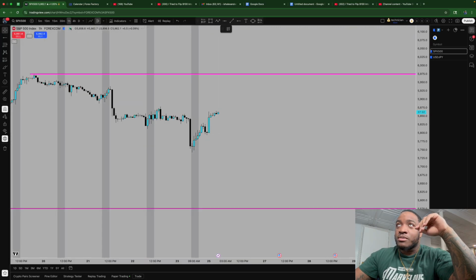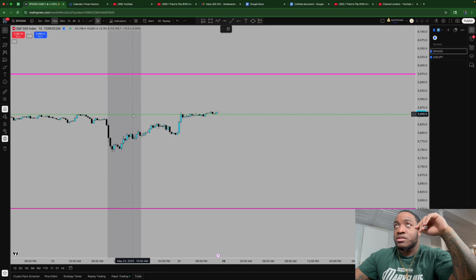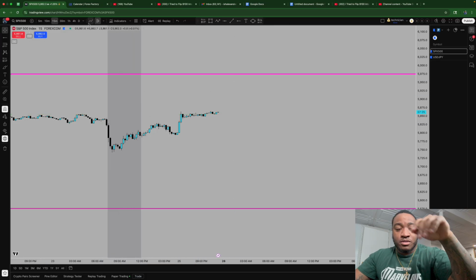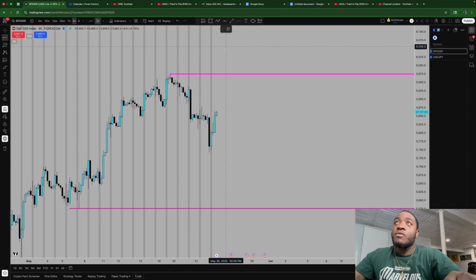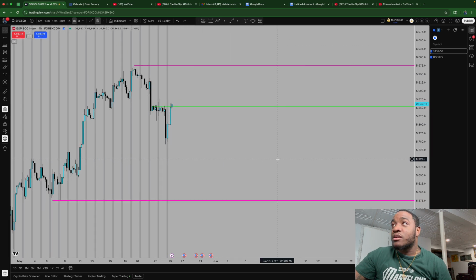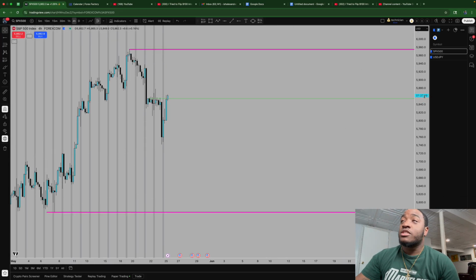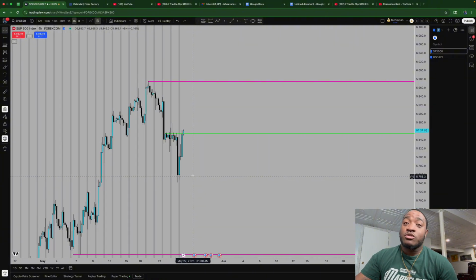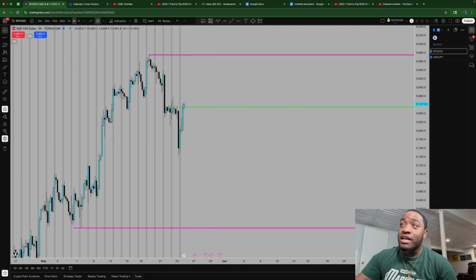Matter of fact, we're just gonna use this line right here. If we stay bullish like how we are on the 4 hour for the next hour and a half, this will stay bullish, and then that will be in line with the daily structure.